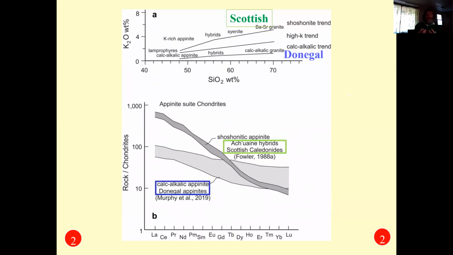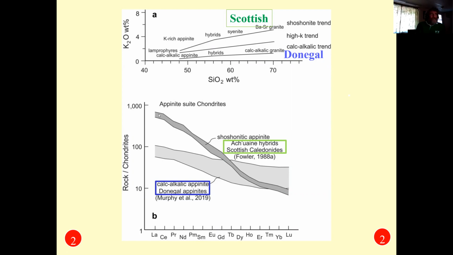Despite the fact that the mineralogy is dominated by hornblende and plagioclase, except for the ultramafics, the chemistry is quite variable, even among coeval appinites. In the Scottish Caledonides, it tends to follow a shoshonitic trend in major elements, but also in rare earths and trace elements.